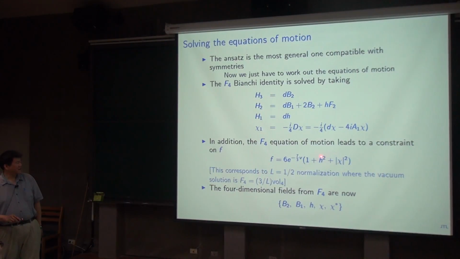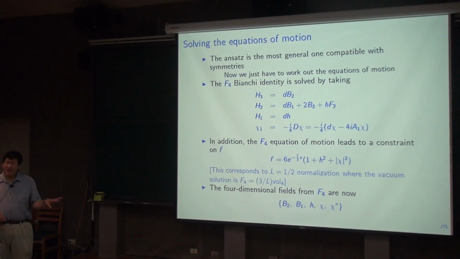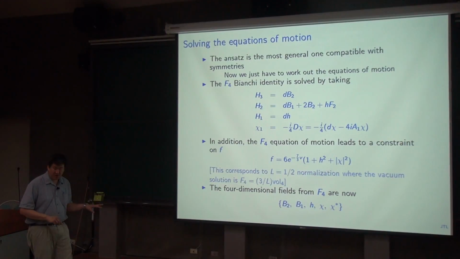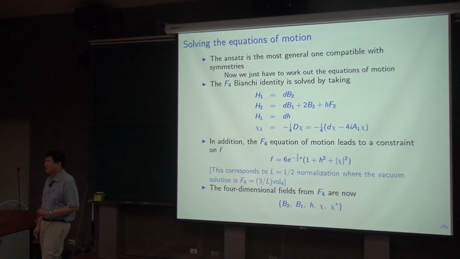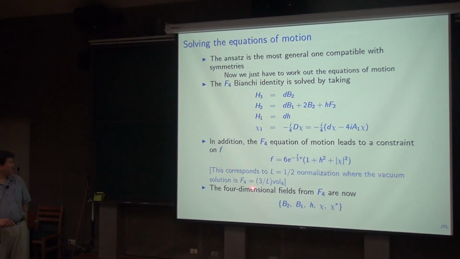But if you imagine little h and chi are scalars. If I didn't have any scalars, if I turned off the breathing mode V over here, I get F equals 6. That means the 4-form has as leading component 6 times the volume form. Earlier I wrote down the 4-form as 3 over L times the volume form. But of course, what they've done is they've chosen the L equals 1/2 normalization here.